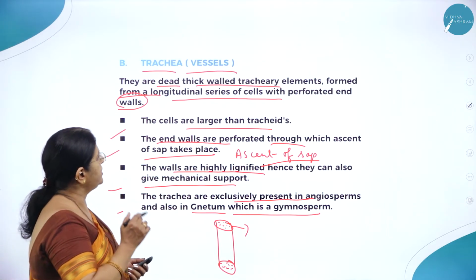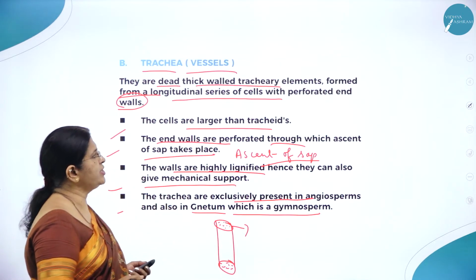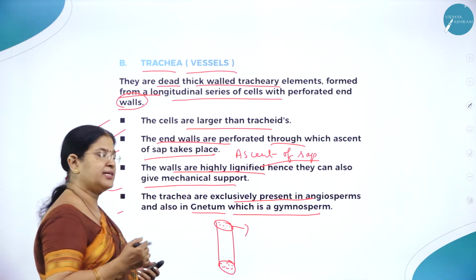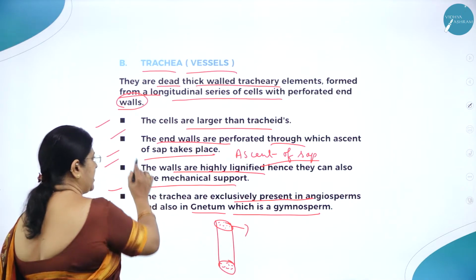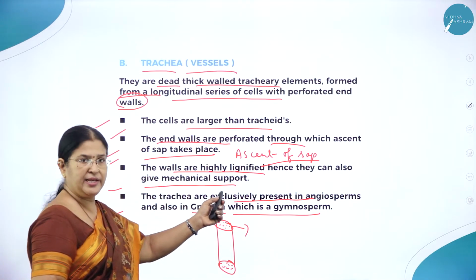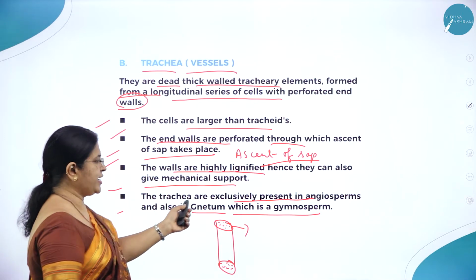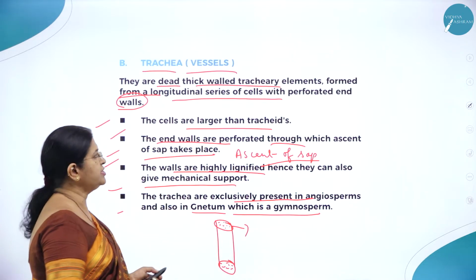They are dead, thick-walled tracheary elements formed from a longitudinal series of cells with perforated walls. The cells are larger than tracheids. The end walls are perforated through which ascent of sap takes place. The walls are highly lignified, hence they can also give mechanical support.